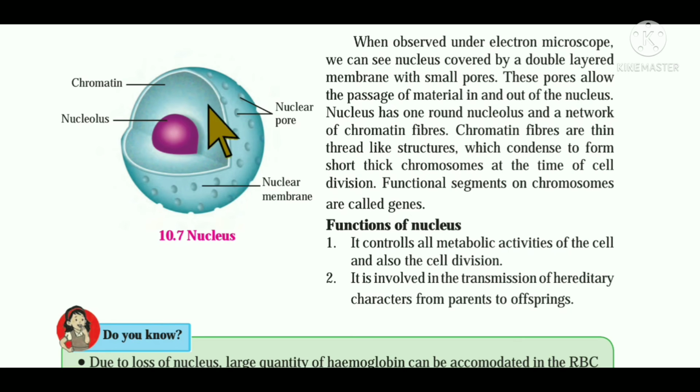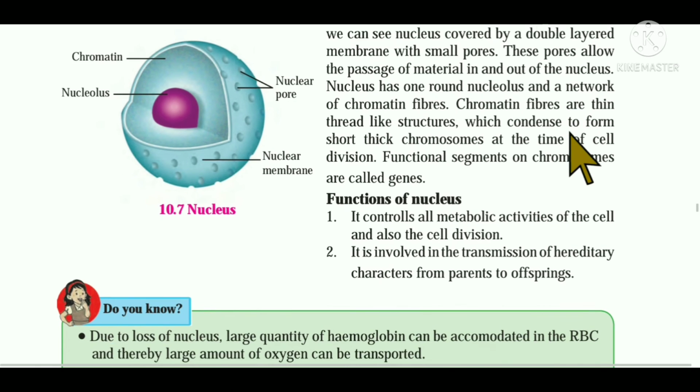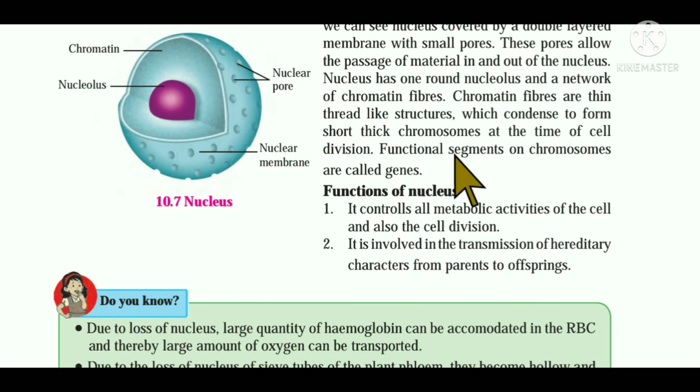Inside the nucleoplasm there are thread-like structures known as chromatin fibers. At the time of cell division, these chromatin fibers get converted into chromosomes.